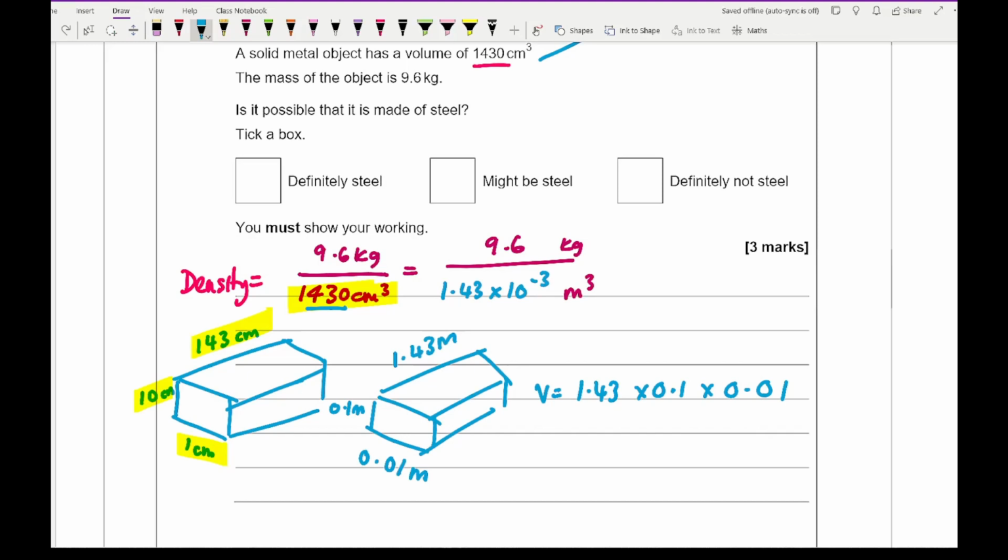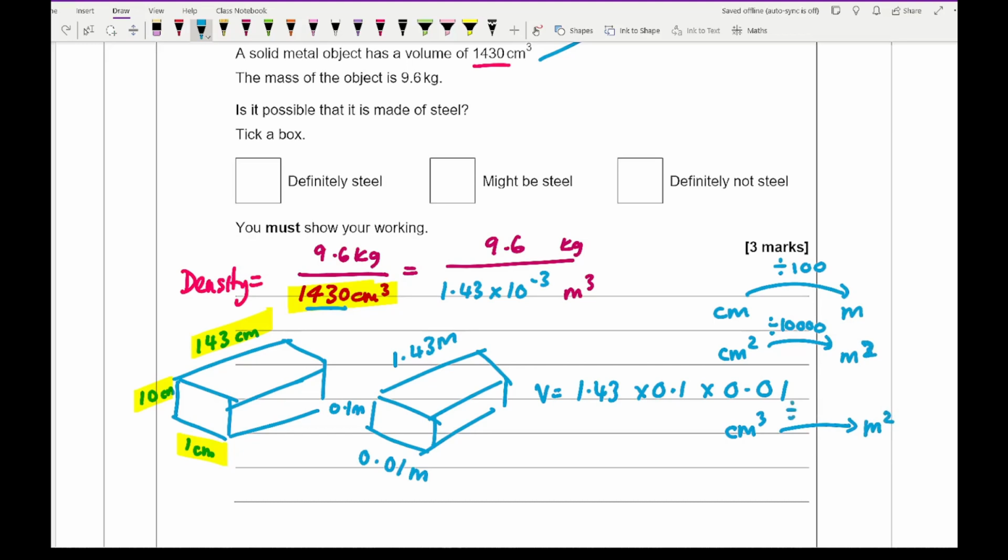Alternatively, what you could have done is go from centimetre to metre. To get from that to that, I divide by 100. So going from centimetre squared to metre squared, I've got to divide by 10,000, and then metre squared to metre cubed is going to be dividing by another 100.